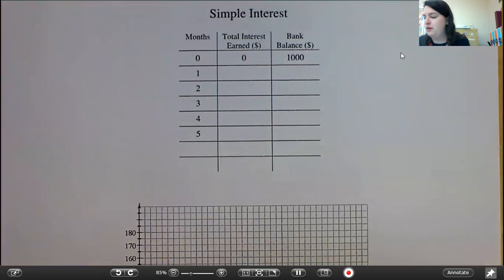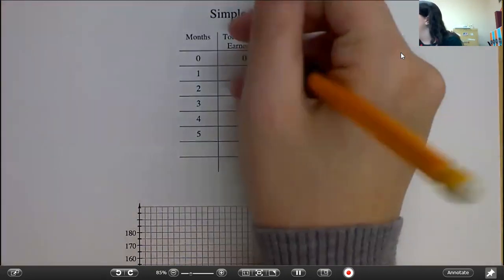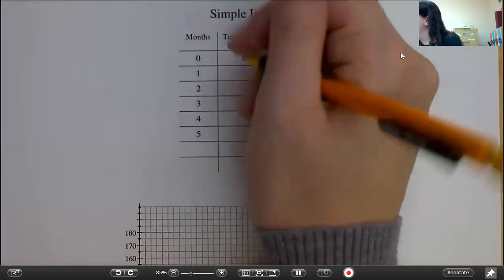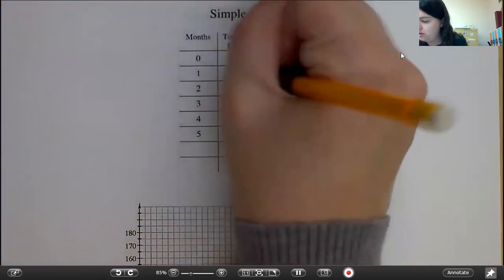Okay, if you're back with me, you filled in your table. So at 1 month, he earned $20 interest.